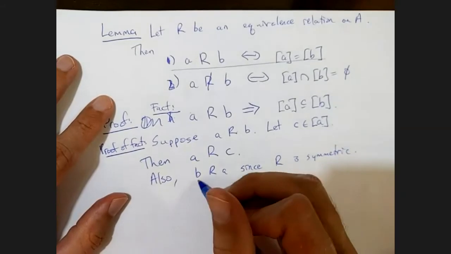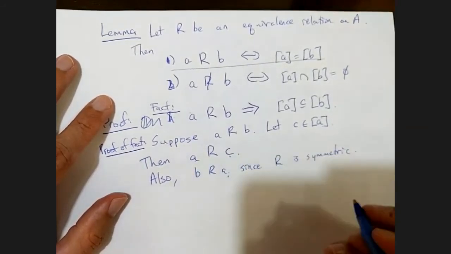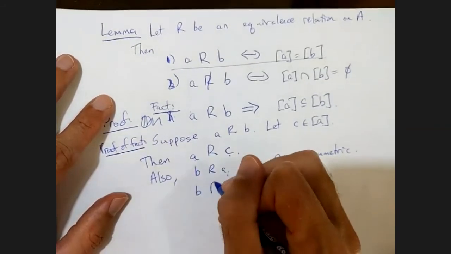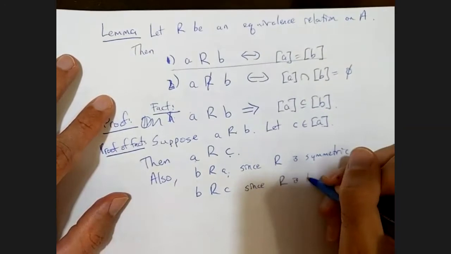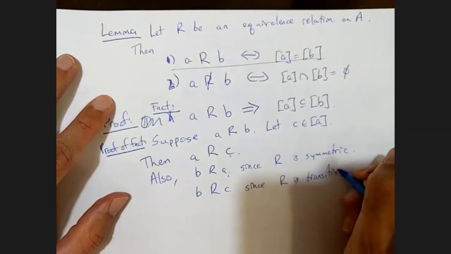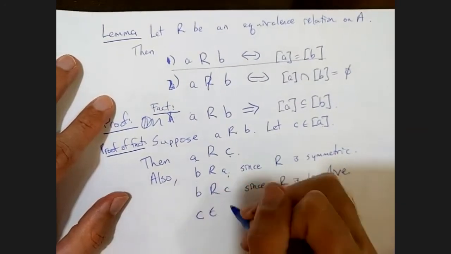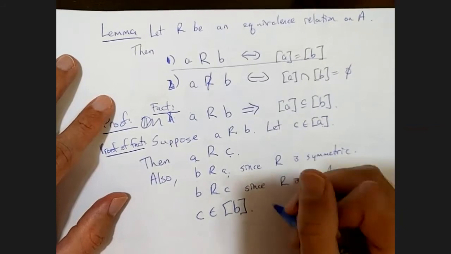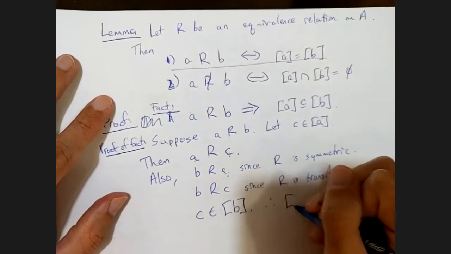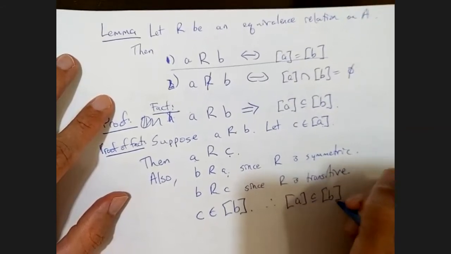Now, R is transitive, so since b is related to a and a to c, then b is related to c. In particular, c is in the equivalence class of b. So this proves that the equivalence class of a is a subset of the equivalence class of b.